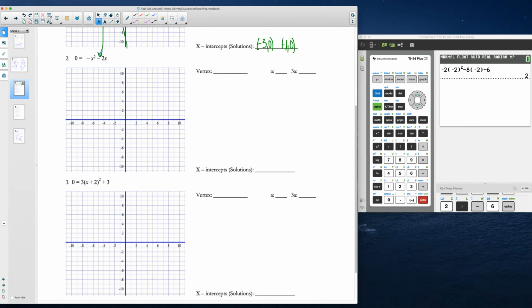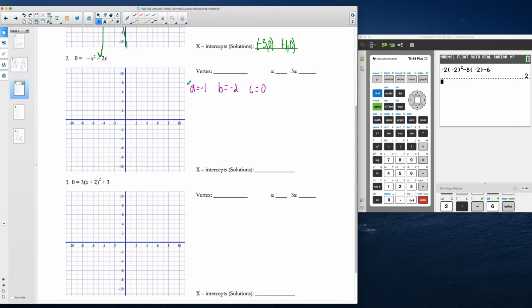Once again, this is still standard form. So if we see an x squared term and an x term, we know that's standard form. I can look at this and I know my a value here is going to be negative 1. We know that our b value is going to be negative 2. And then our c value this time is 0.